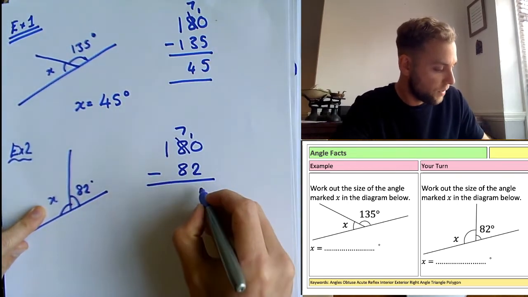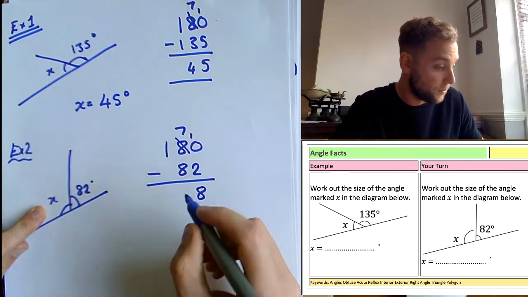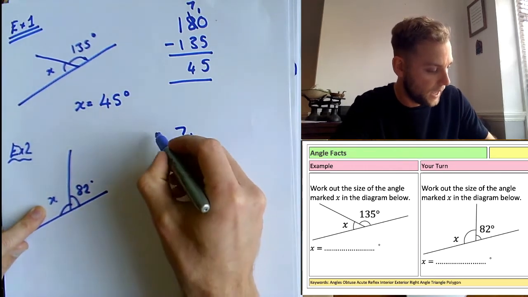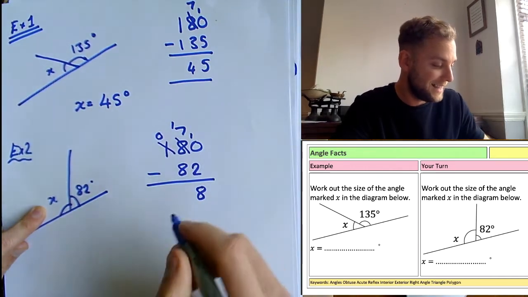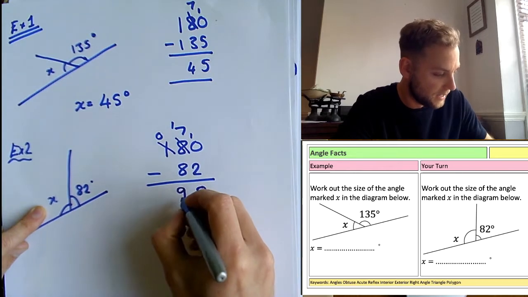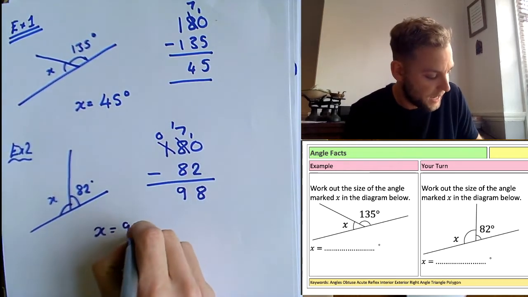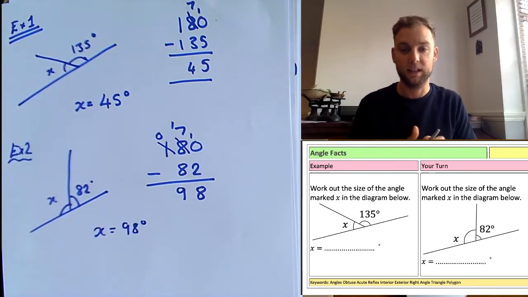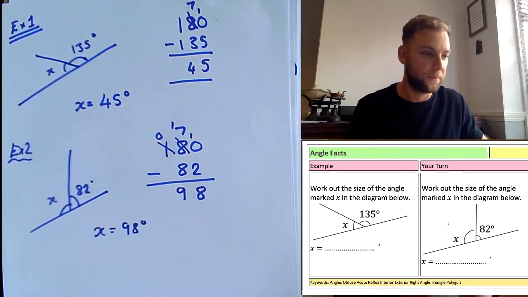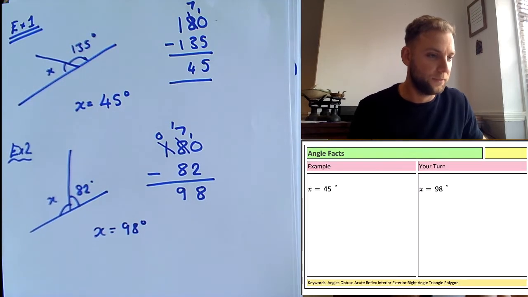So 10 take away 2 is 8. 7 take away 8 I can't do, so I have to borrow from there. That becomes 17. 17 take away 8 I can do, which is 9. And I'm left with 0. So with this one, x is equal to 98 degrees. Brilliant. So that's those first two examples there. So we're going to have a little look now at the next two.